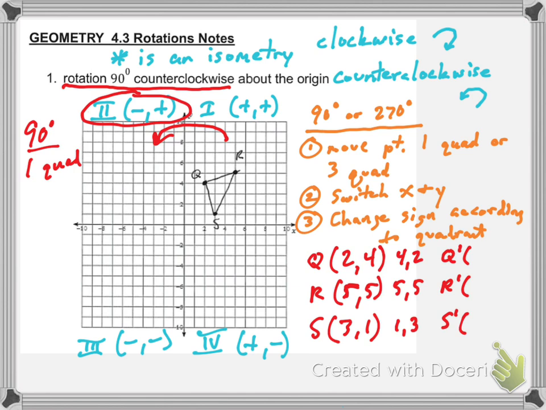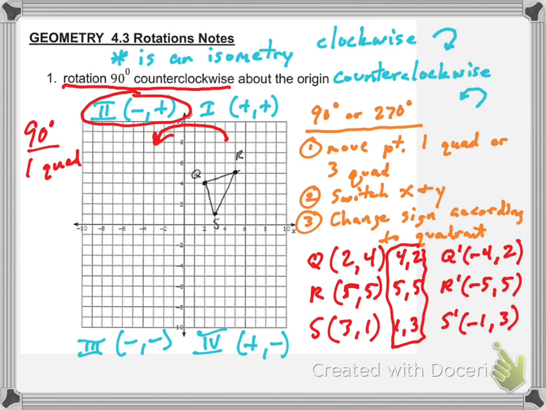So 4 would be negative, 5 would be negative, and 1 would be negative. And then 2, 5, 3. So these are the numbers that I'm doing the signs on, not the originals. I switch X and Y, then I do the signs.